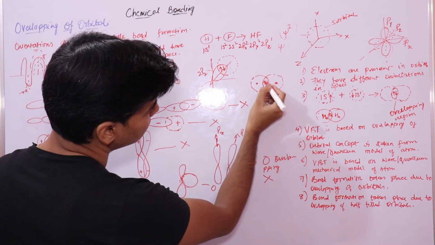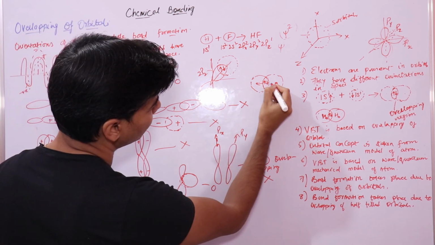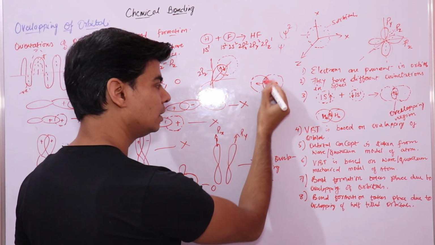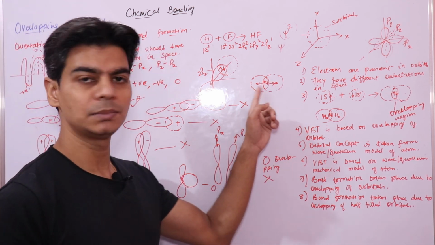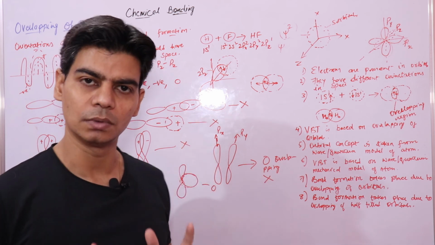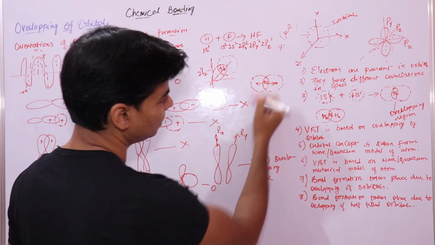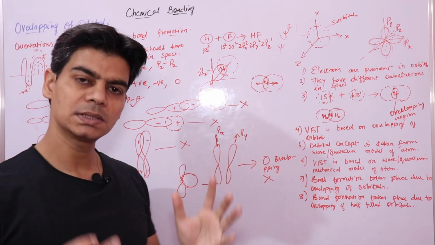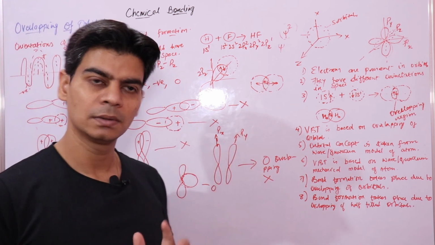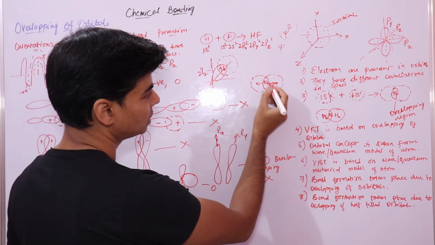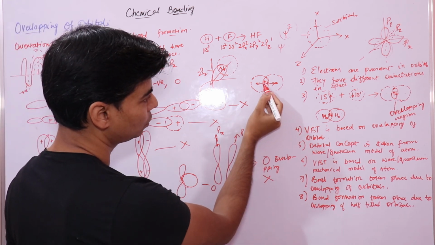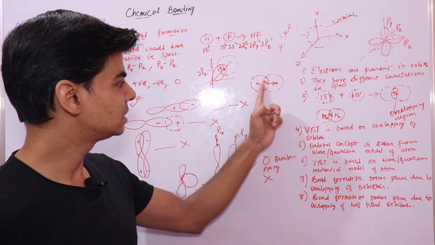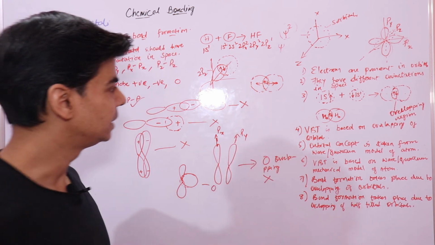These electrons are equally attracted by both the nuclei, and it is these electrons that hold these two atoms together in a molecule. So this concept should be clear, that this overlapping region contains these bonding electrons, and these bonding electrons can be exchanged, they can exchange their places.